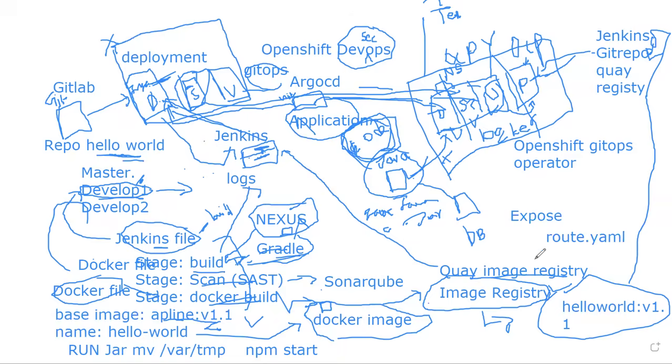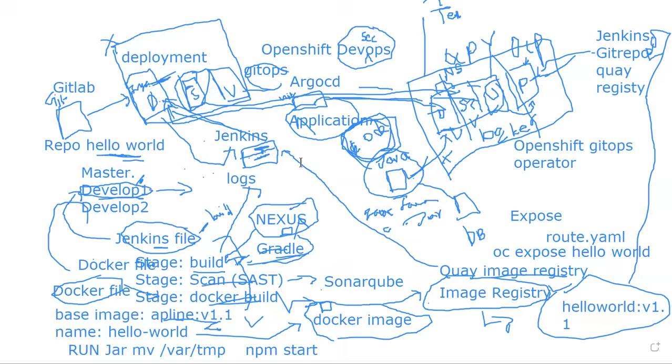The other way of doing it is oc expose. There's a CLI, so I can also use the CLI and say oc expose hello world. This will create the route so that I am able to access my application which I have deployed.